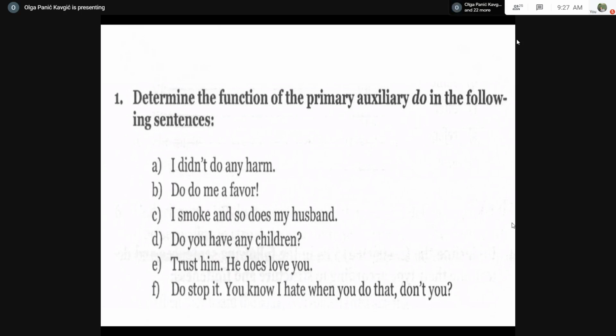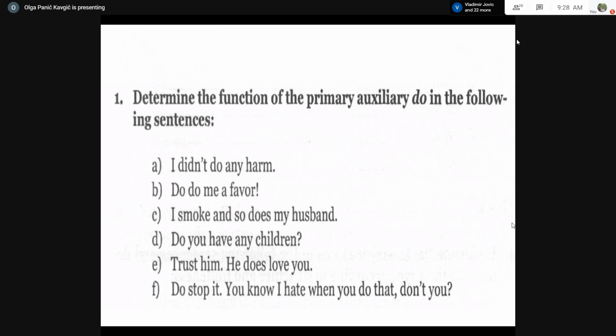Because although we have some new terminology here, like primary, auxiliary, and so on, which we will mention in just a few minutes, this is actually related to the first lesson in the first unit, the functions of the operators. I would like to remind you that the functions of the operators are given on page 17 in your workbook.